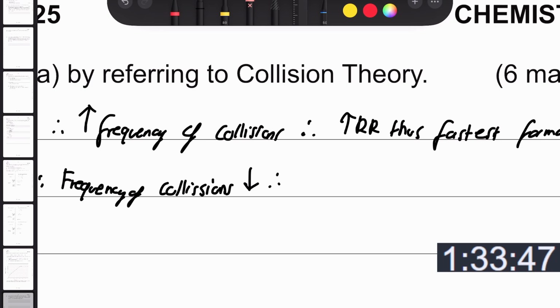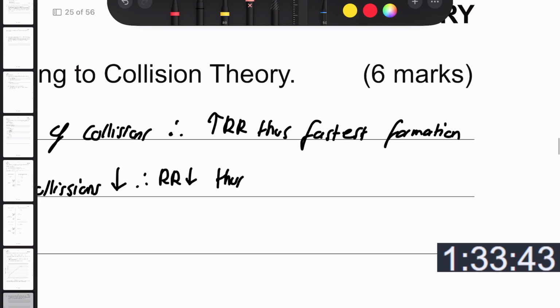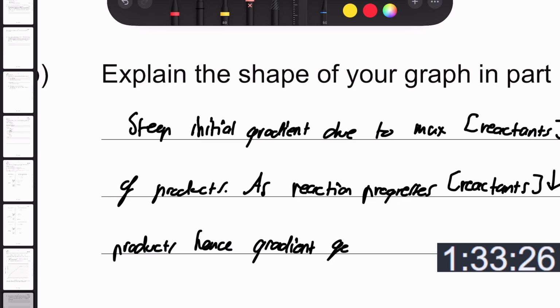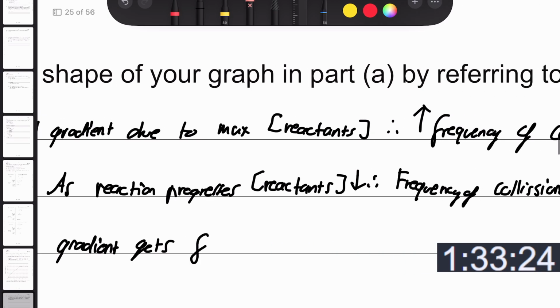Therefore, my reaction rate will decrease. Thus, slowing formation of products. Hence, gradient gets flatter until reaction reaches completion.